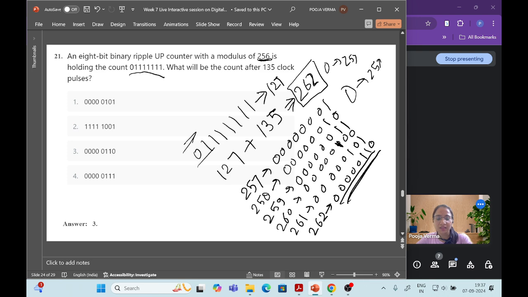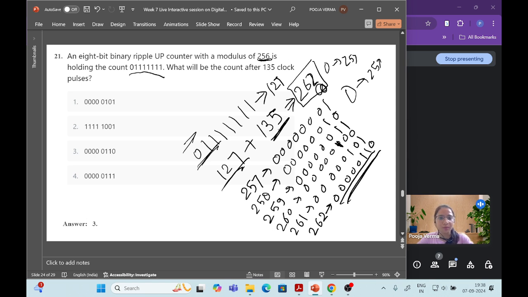Here it is given that it is stored currently, but we have to check after this 135. So that's why I have added 127, that means 127 clock pulses are completed. Now after 135 clock pulses, what will be the value? If we count, it is 262, but here it is given modulus 256.